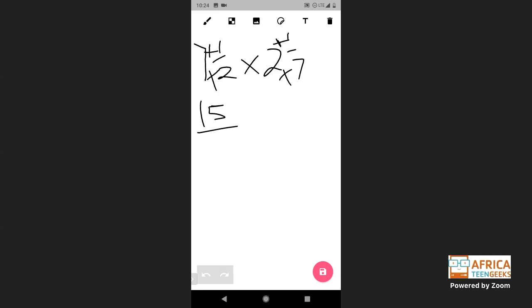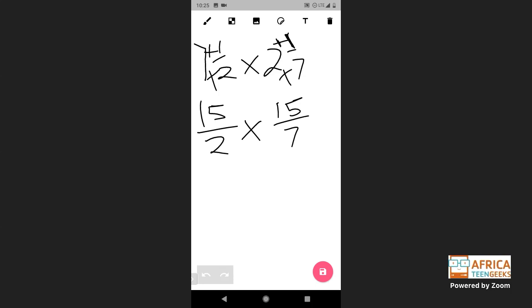Our denominators do not change, right? We keep our denominators, which is 2. And then 7 multiplied by 2 plus 1 equals 15 again over 7.